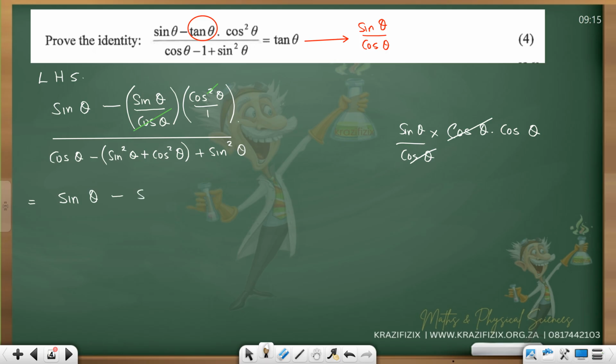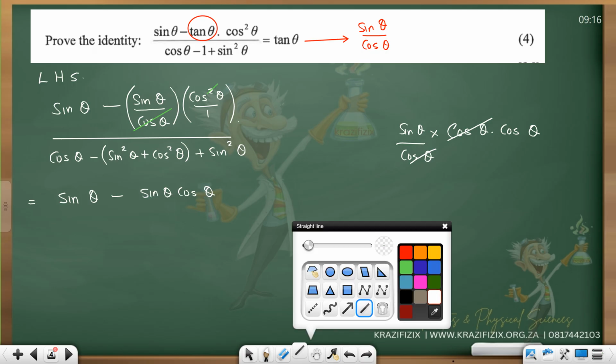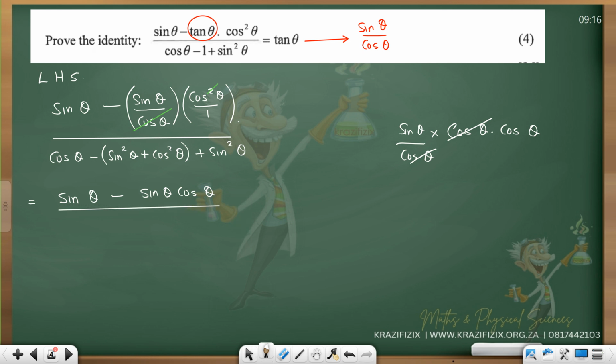Sine theta minus sine theta multiplied by cos theta, or we can take out the brackets and multiply straight. That will be sine theta cos theta over, let's simplify the denominator now. I'll have cos theta, expand: minus sine squared theta minus cos squared theta plus, beautiful maths.